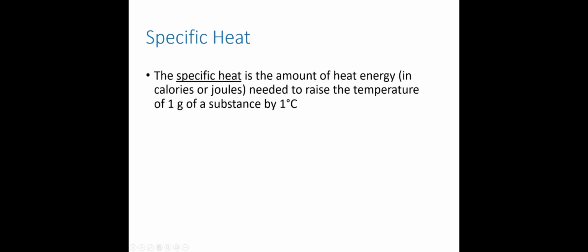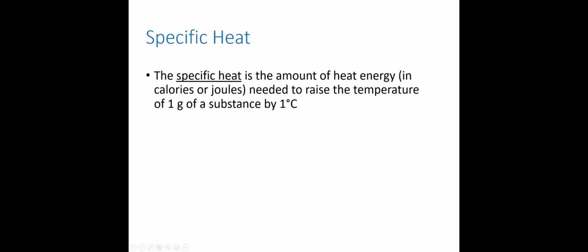And specific heat is defined as the amount of heat energy in either calories or joules that you need to raise the temperature of 1 gram of a substance by 1 degree Celsius. Let me correct what I just said. It is the amount of heat energy in calories or joules, but the units of specific heat are calories over gram times degree Celsius, or joules over gram times degree Celsius.